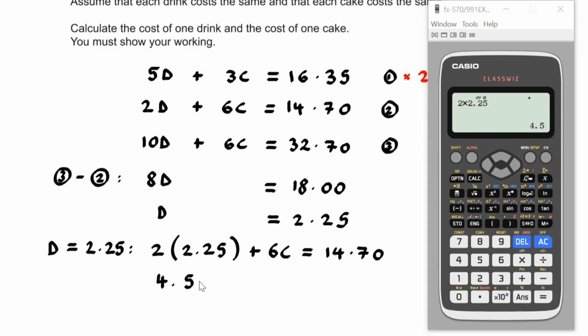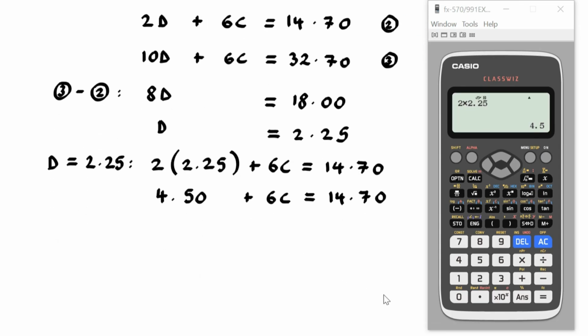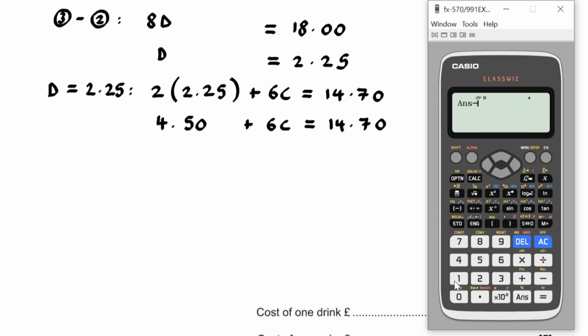So we've got 450 plus 6c equals £14.70. If I subtract £4.50 from 1470, we get £10.20.